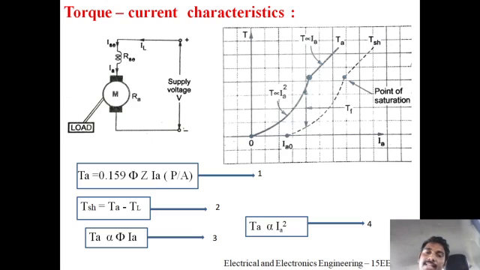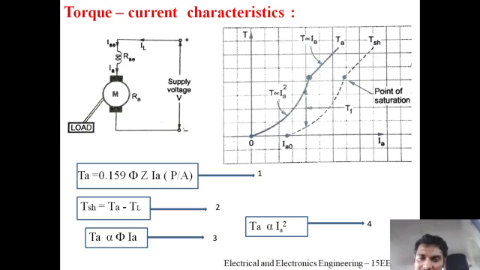If you observe Ia, if I take 2 amperes, then by how much is the torque increased? Which is 4 times. For a 2 ampere rise in current, the torque is increased by 4 Newton meter, we can consider.